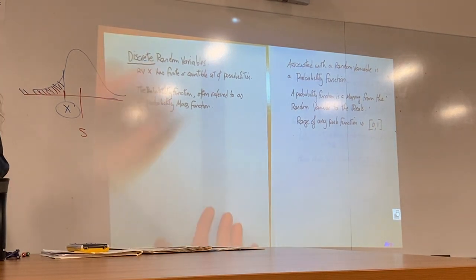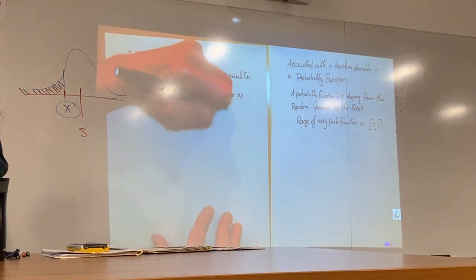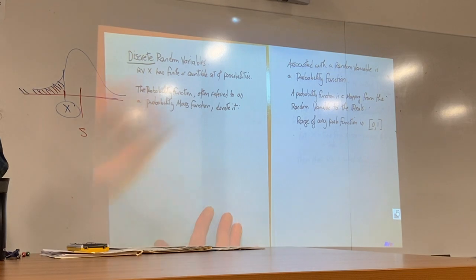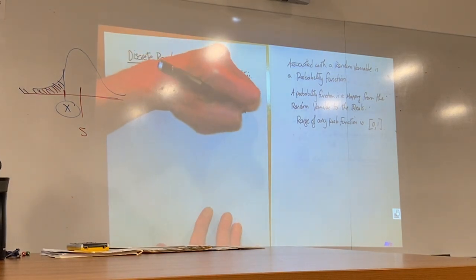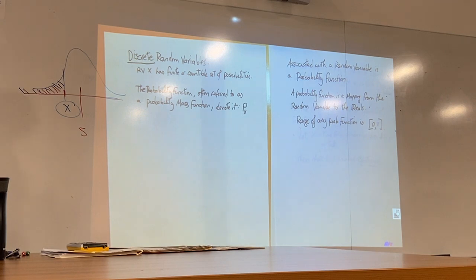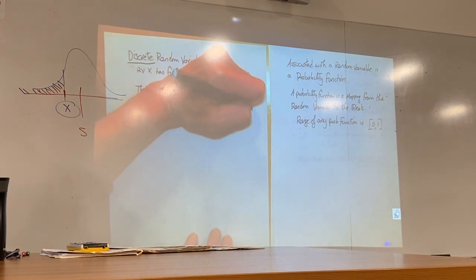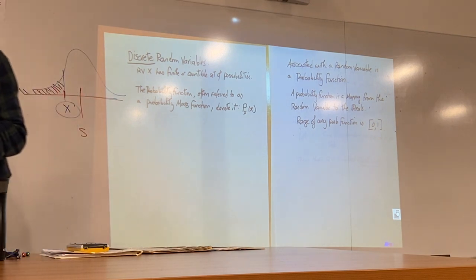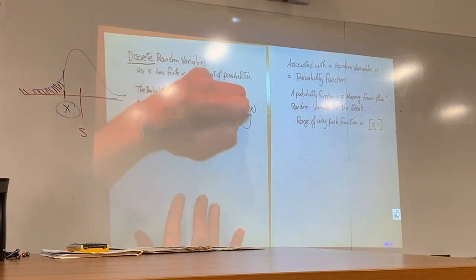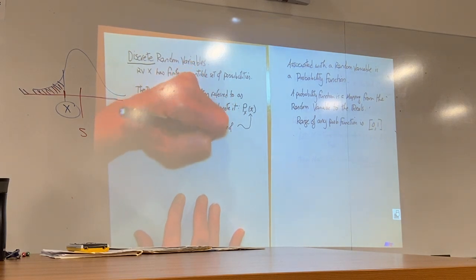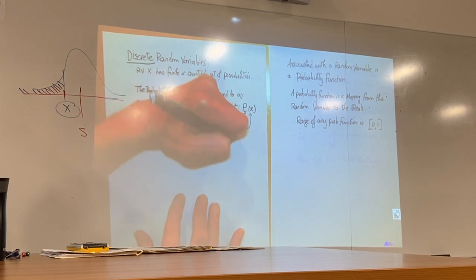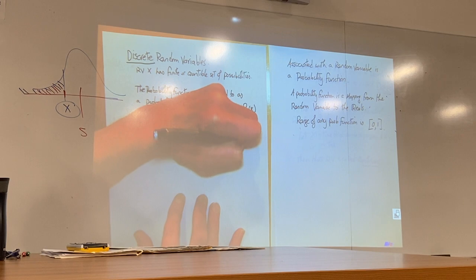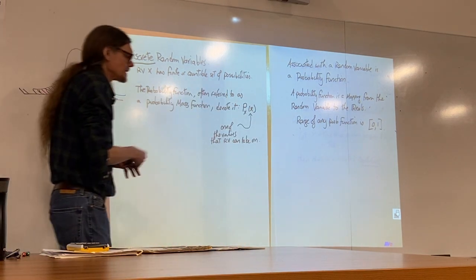We'll denote it as P subscript the name of your random variable. It's a function of an input, and that input is one of the values that random variable can take on.